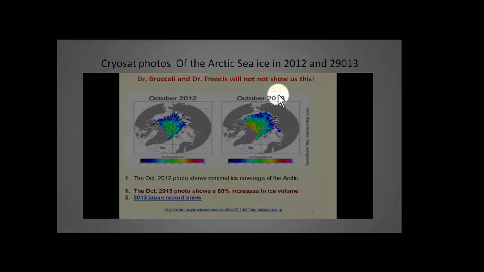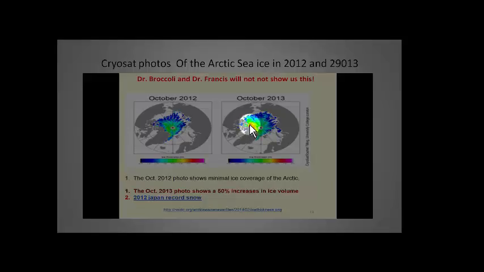In the 2013 photo, the ice has expanded, so there is little open water, and there appears to be a larger green area, an enlarged yellow area, and even some red, thicker ice.